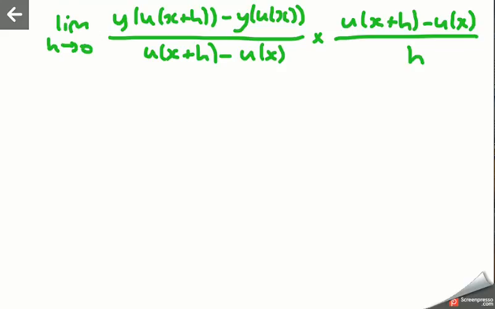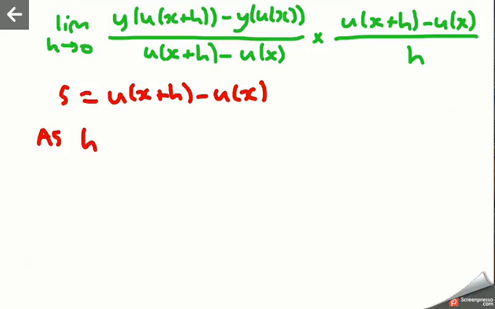So we're going to let s equals u of x plus h minus u of x. That's the first thing we're going to do. We're just going to call that thing s. And the second big assumption that we're going to make is that as h gets closer and closer to 0, s gets closer and closer to 0.